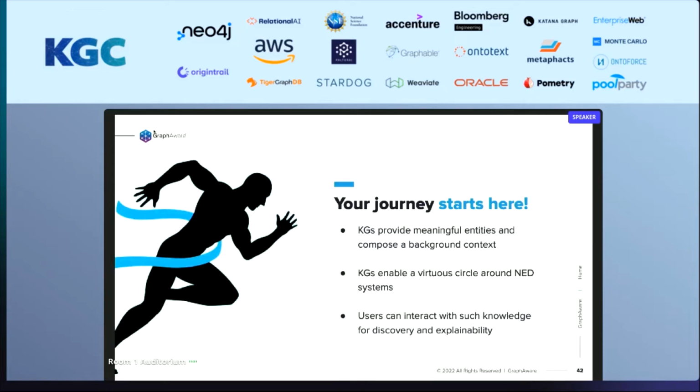Not all, but some of the requirements that can be really useful. We have seen how knowledge graphs enable the construction of a virtuous circle around named entity disambiguation systems. And obviously, the user can interact with this constructed knowledge in order to discover and get better explanations on the results.